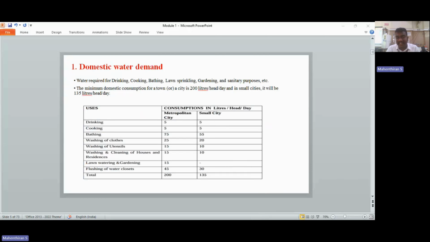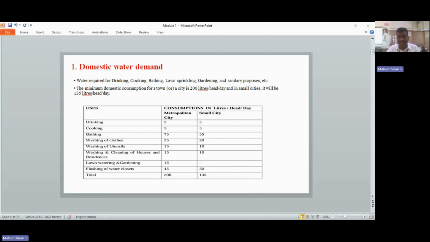So, if a city has a population of 1 lakh people and each person needs 200 liters, then the total demand becomes very large. This is how engineers estimate the water supply requirements. Now we will look into the breakdown of the domestic water consumption.